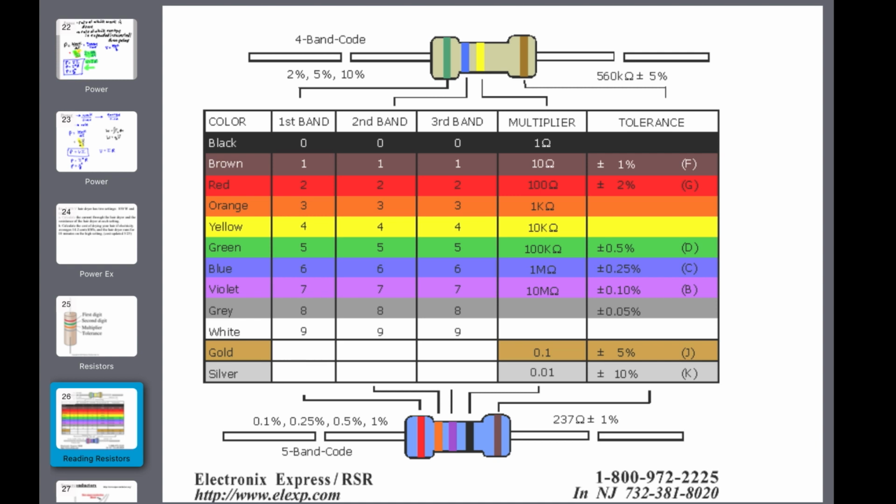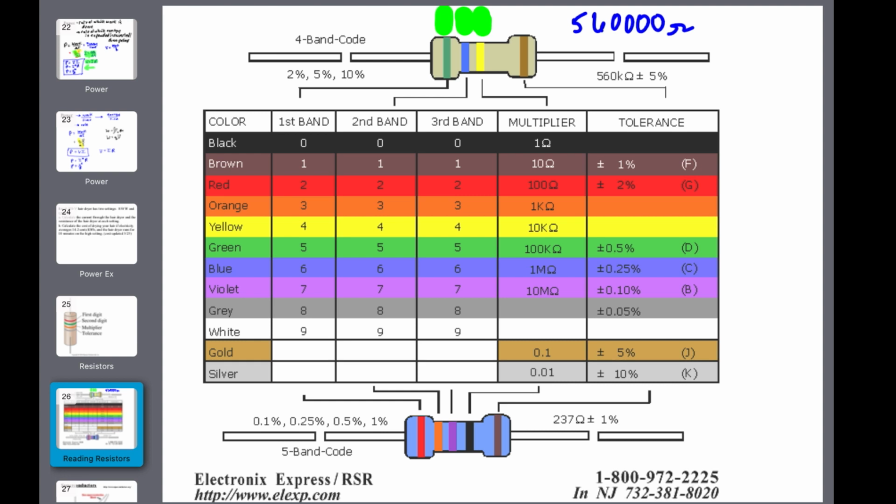This is a summary of what those numbers mean, with the first one representing a digit, the second one a digit, the third one a multiplier. So green, blue, yellow would represent a 5, then a 6, and then the yellow represents a 4, and that 4 means 4 zeros follow.